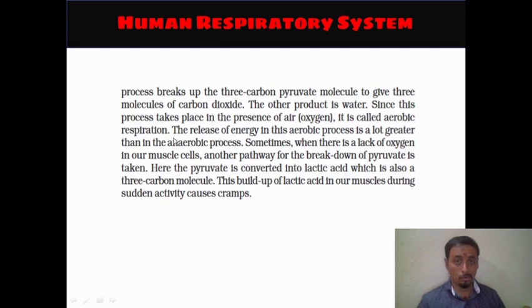So from this you basically know that there are two kinds of respiration: aerobic respiration, in which oxygen is a must, and second, anaerobic respiration, where there is no need of oxygen. The release of energy in the aerobic process is a lot greater than in the anaerobic process.